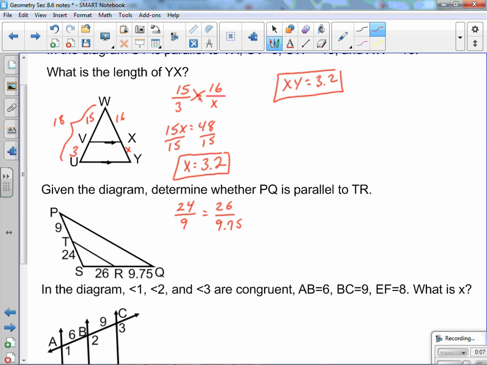Alright, so to determine if they're parallel, you've got two options. You can try to reduce the fractions, or plug it into a calculator and divide each one of those and see if you get the same answer, or we can cross multiply and see if the product of our cross multiplication is the same. That's my preference, to cross multiply.